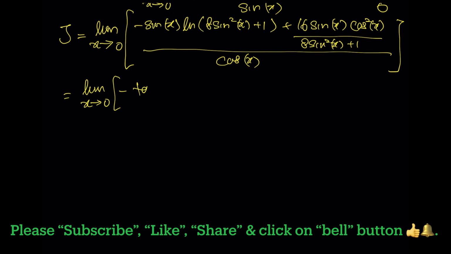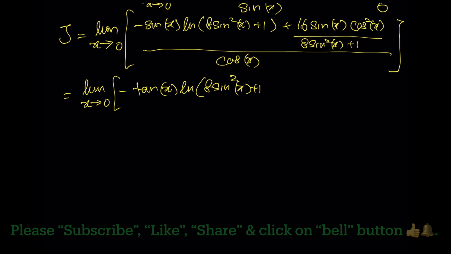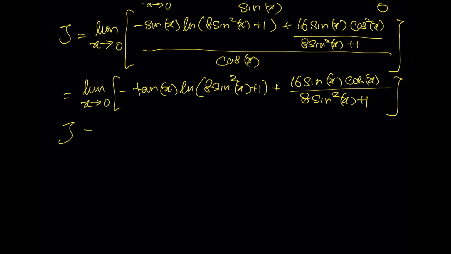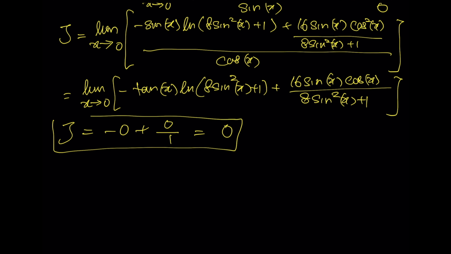For part number 1, it is negative tangent x multiply natural log x sine square x and then plus 1. For part number 2, it is 16 sine x cosine x and then divide by x sine square x plus 1. Putting x equal to 0 to the equation, we have j equals to negative 0 plus 0 divided by 1, which is, of course, 0.